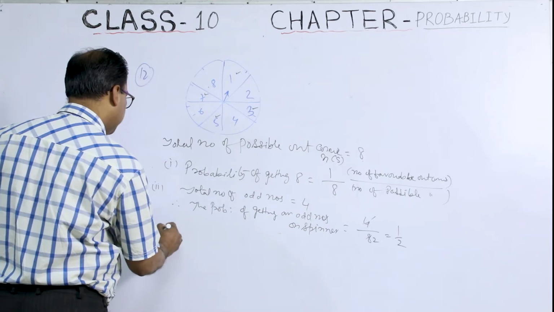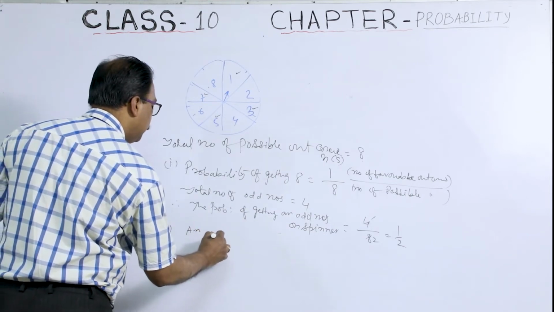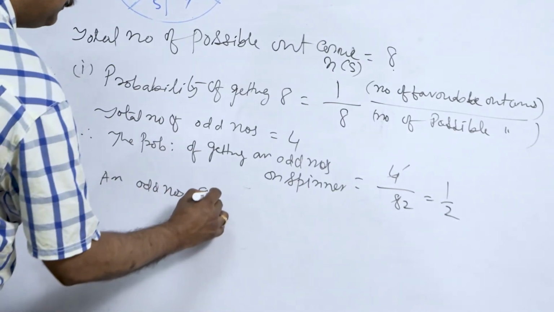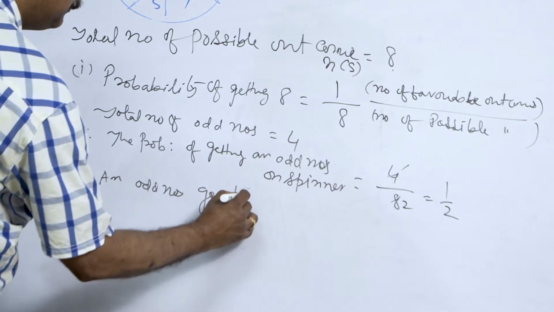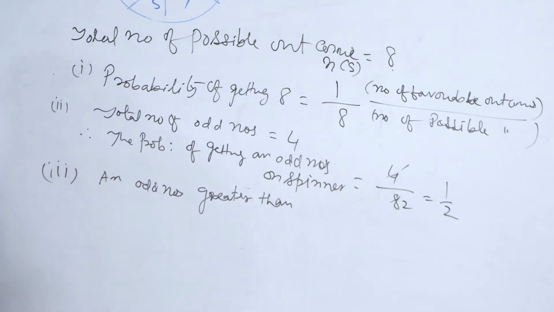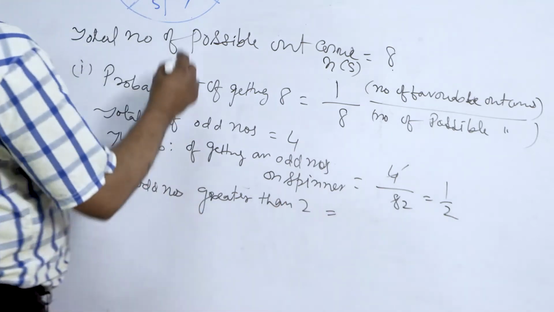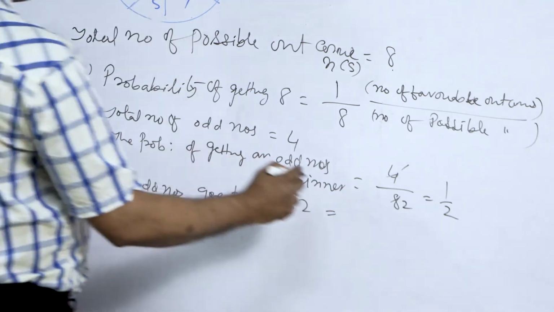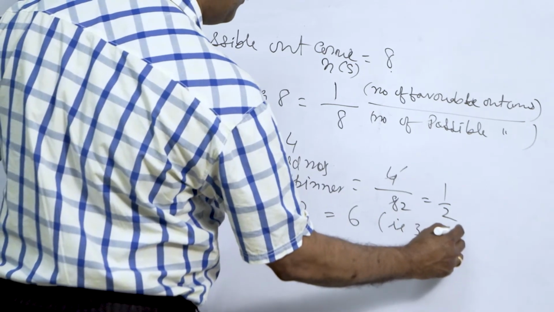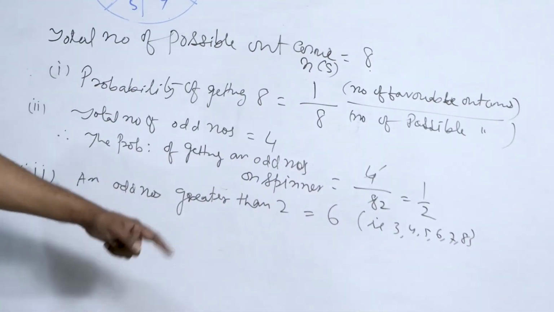The numbers are 3, 4, 5, 6, 7, 8. So, what is that? 3, 5, 7. These are the numbers. So, these are favorable outcomes.